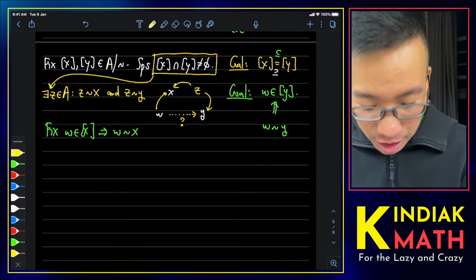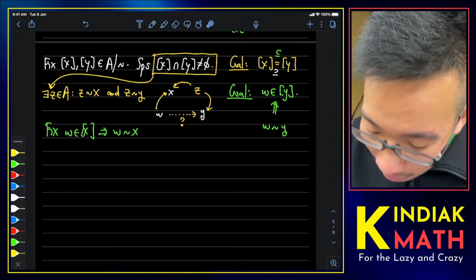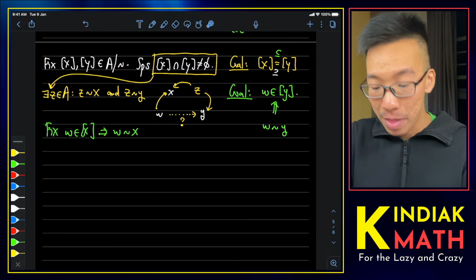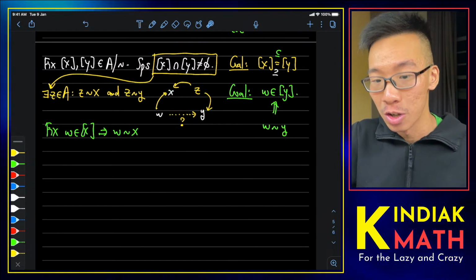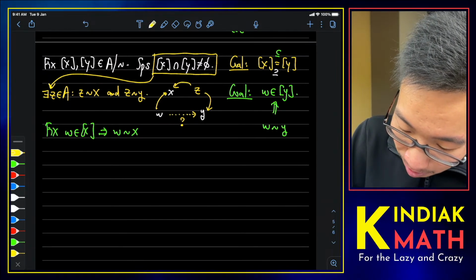Now, what's the intuition here? The intuition is that if we can build a bridge like this, then we can draw a bunch of arrows, we can chain these arrows by transitivity, and we are good to go. So is this possible?